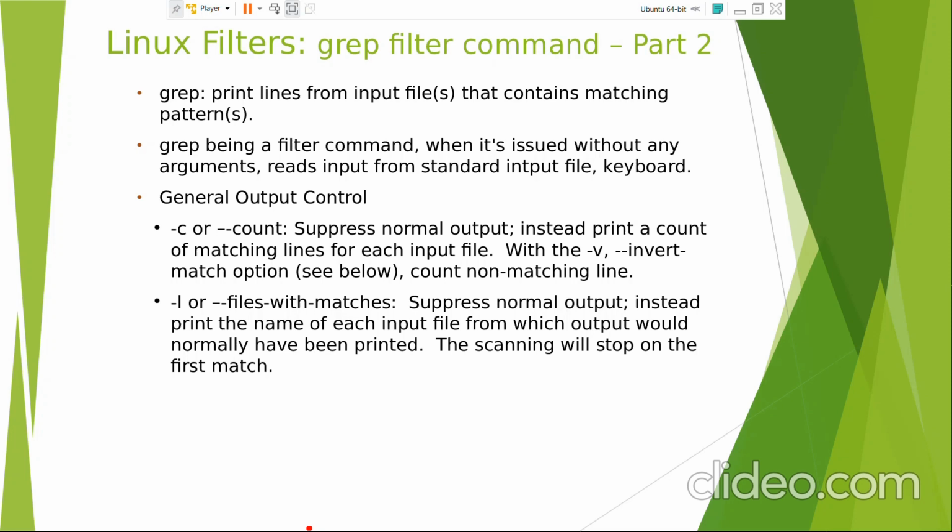For every input file, if it contains at least one line containing the matching pattern, then grep should display the name of the file. Then it should go to the next file and check whether that file contains the matching pattern. If there is at least one line, it displays the file name. If none of the lines in that file contain the matching pattern, that file should not be displayed.